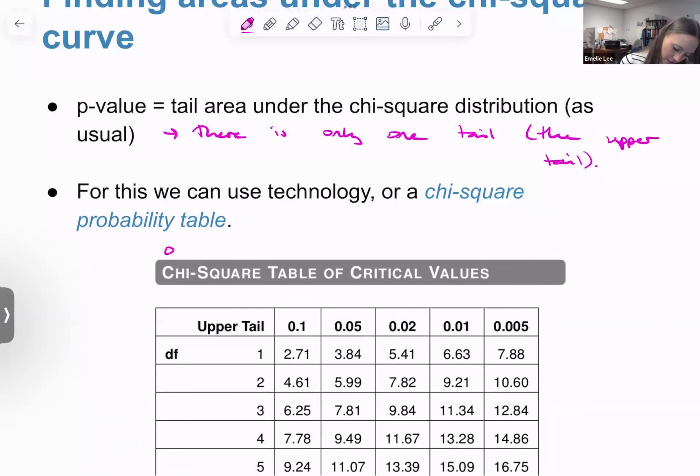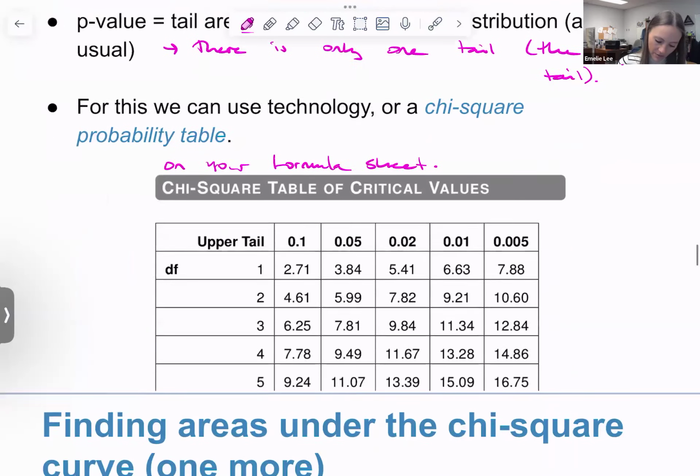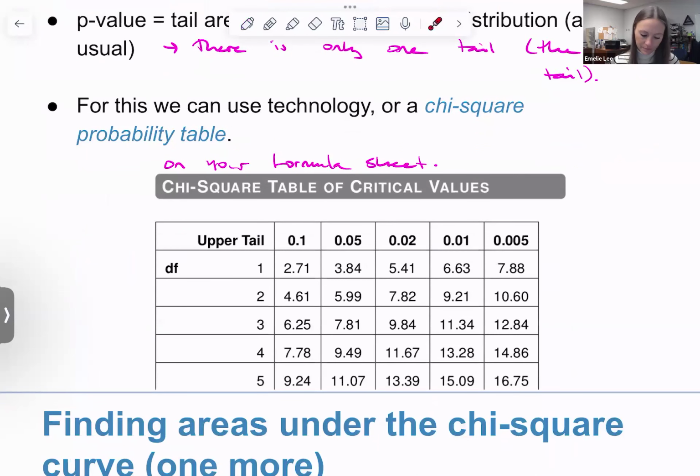And so on your formula sheet, you have this. Okay. Now, what are these values? So the upper tail area is the p-value, right? And so this is going to be the p-value.